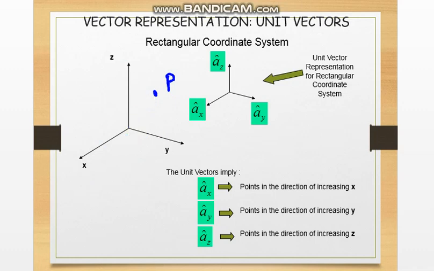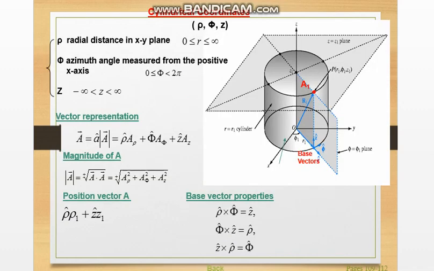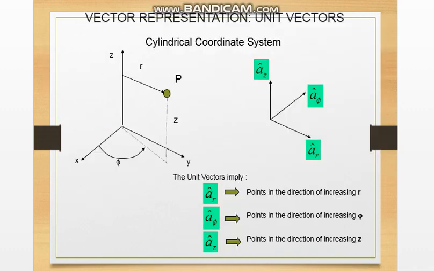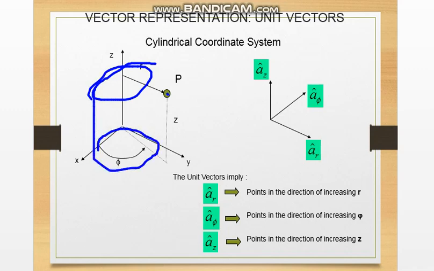After that we will discuss the cylindrical coordinate system. Now just look at it here. If there is a point P, as we know in a cylinder, if we just assume a cylinder here, how can we reach there?